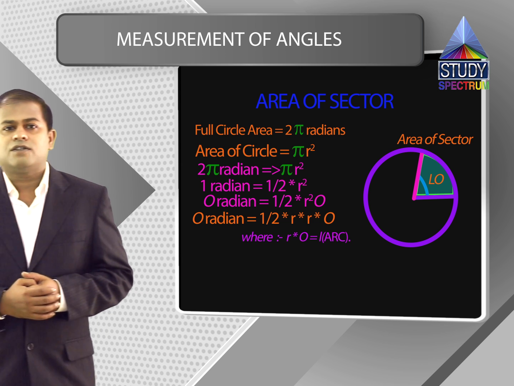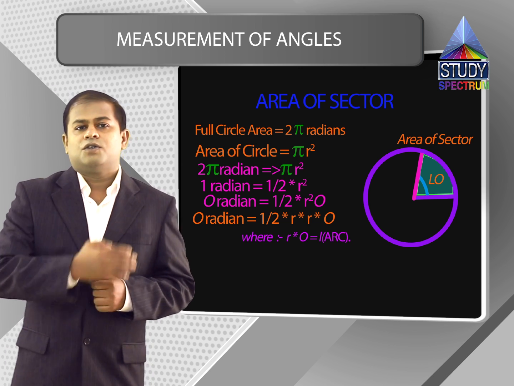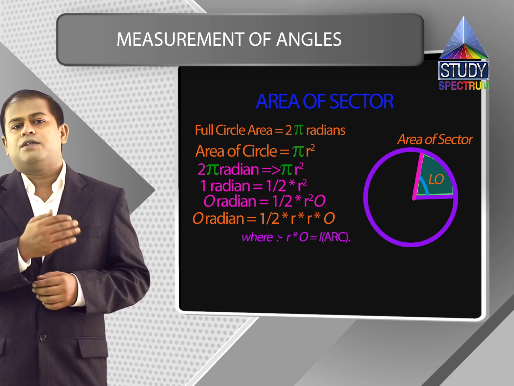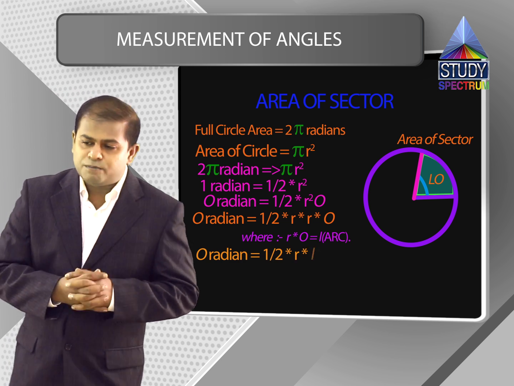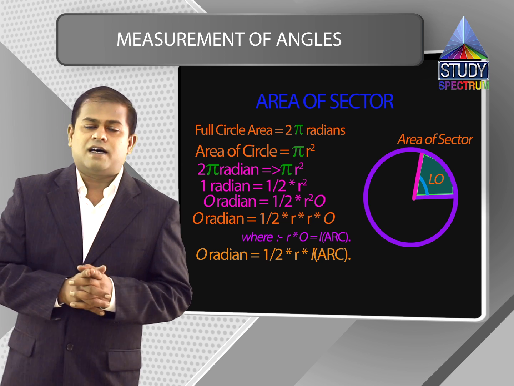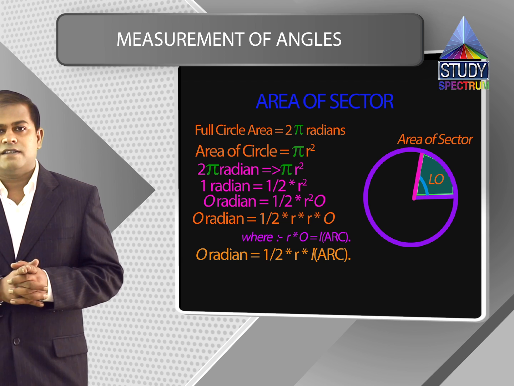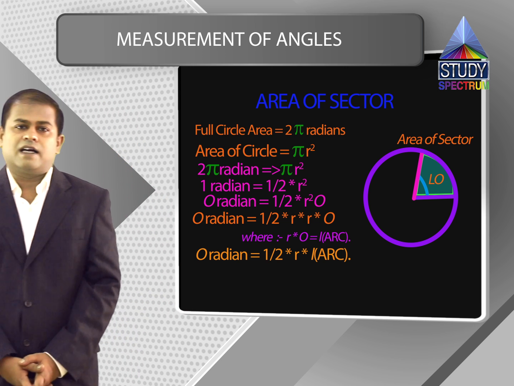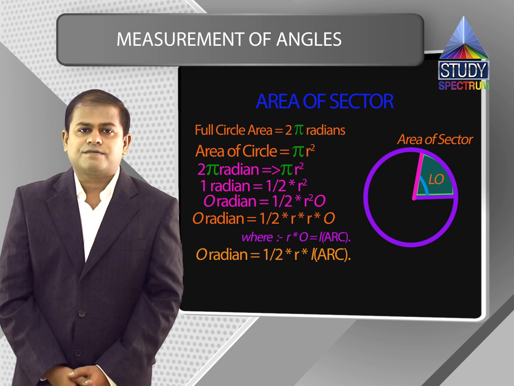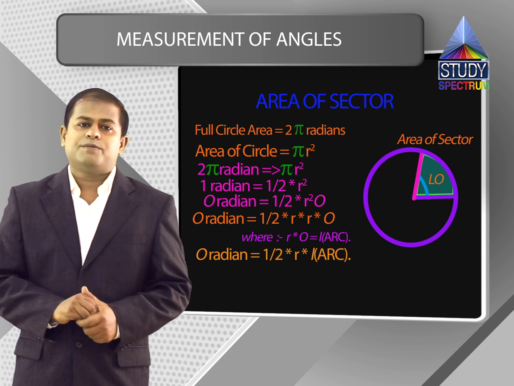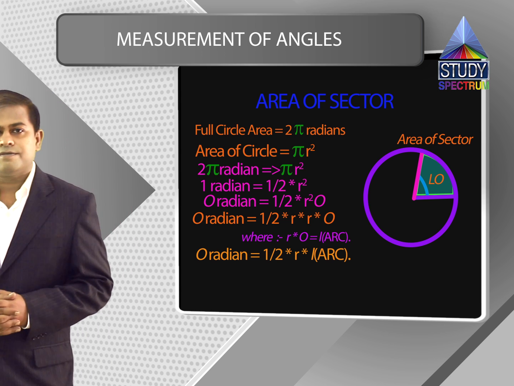So the area of sector I can now say is half r into s, that is, half the product of radius and corresponding arc length, right? Okay. Now again we'll move to the board and solve a few problems to clear the concept.